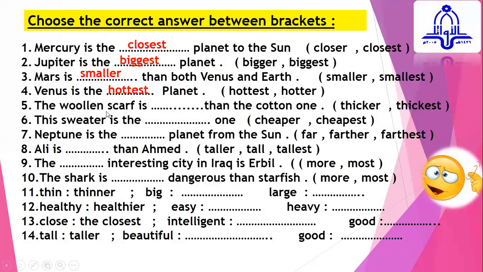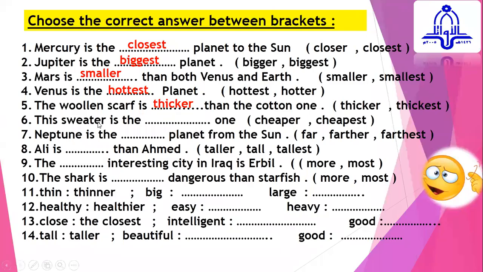Number five, the woolen scarf, الوشاح الصوفي, is dash than the cotton one, من القطني. We have than, so we use thicker or thickest. We will have thicker because we have than. Then the woolen scarf is thicker than the cotton one.